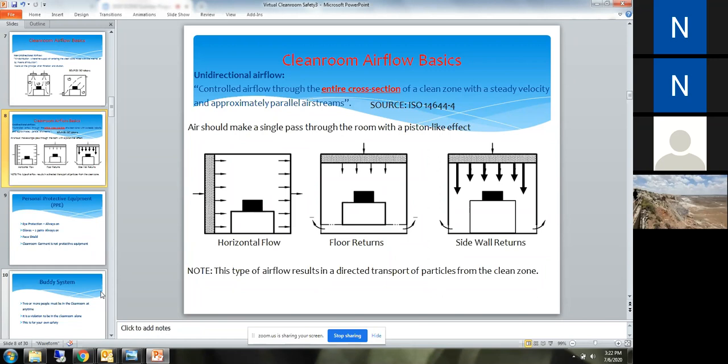Bay and chase design is where the actual space that you are going to be doing your processes in, the one where you are counting the particles, that's the bay. And the chase is the area behind the bay or surrounding the bay, where all the support equipment for your clean room processes is.